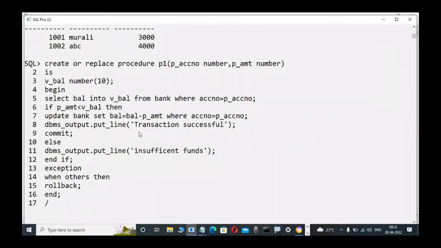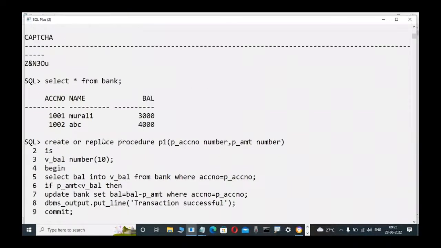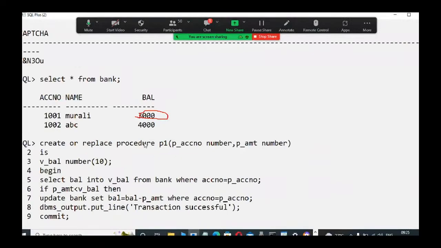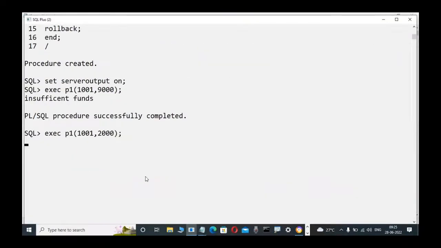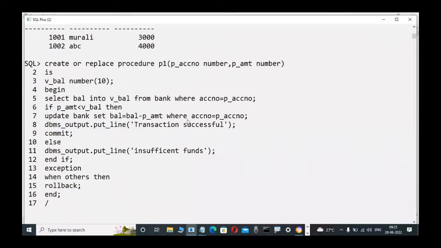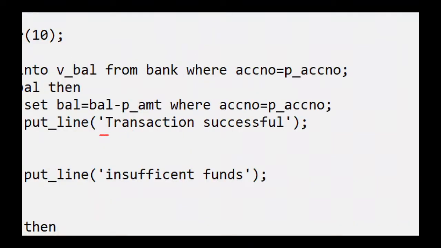Yes, possible. Why? Because 2,000 rupees is less than the available balance in the bank database, 3,000. That's why it will be executed and transaction successful will be displayed automatically. Why? Because I am writing the coding here: transaction successful.